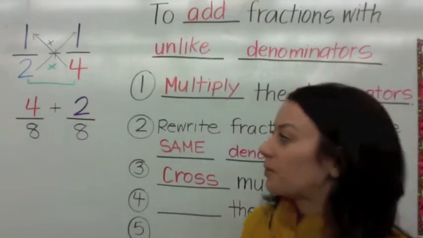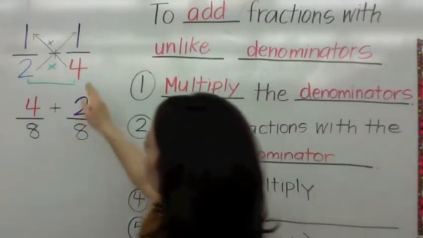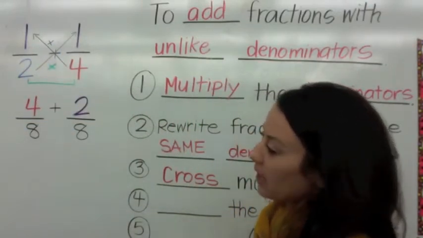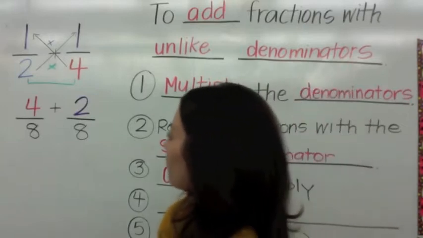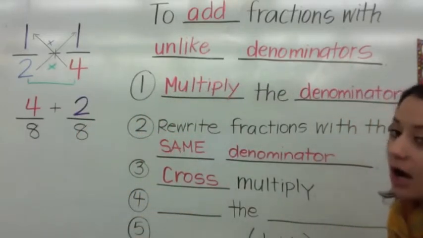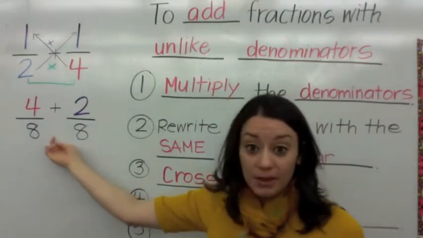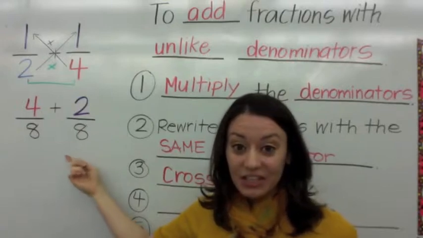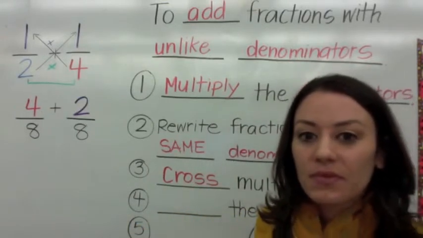So we cross multiply. First we did 4 times 1, then we did 2 times 1. And now our new fractions that we've rewritten are 4/8 plus 2/8. So now, do you have fractions with a common denominator? Do they have the same denominator? Yes. Very good.